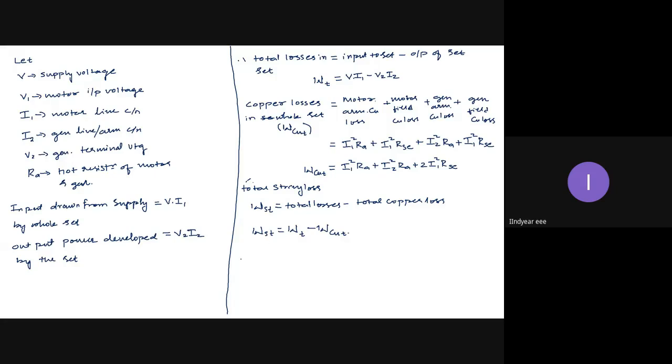Therefore, stray losses in each machine, WS, is equal to WST by 2, assuming stray losses get equally divided between the two machines, because we are using identical machines.